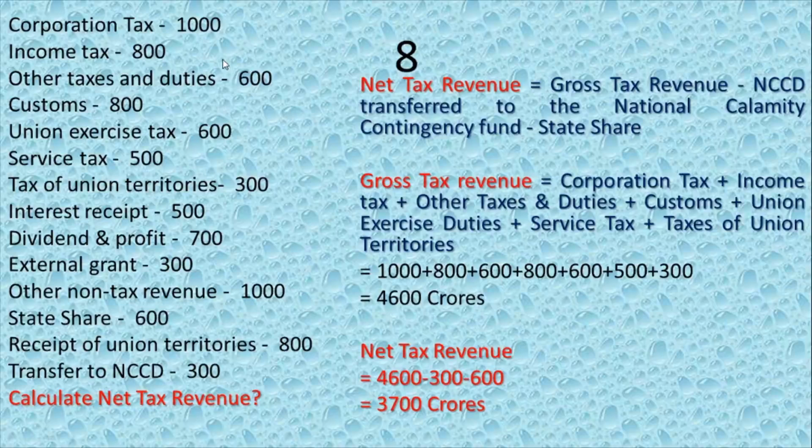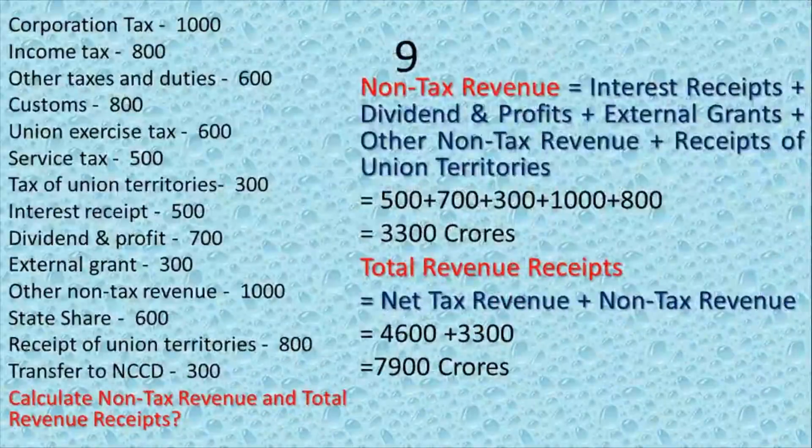So here we add all the taxes part, which we will get to the gross tax revenue for 4,600 crores, and to calculate the net tax revenue we will subtract the NCCD 300 minus state share 600. So we will get net tax revenue as 3,700 crores.